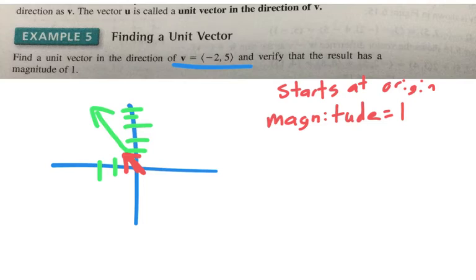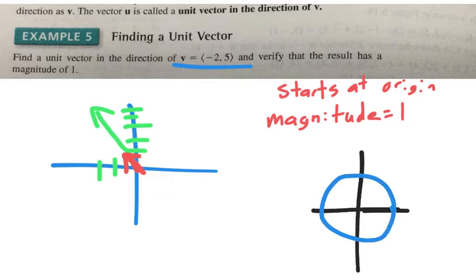All that we change is the magnitude. And the magnitude would be like the 1, right? That's where it goes, stops there. No, it's not going to be at the 1 and 1. Think about the unit circle: it went to 1, 1, -1, -1.